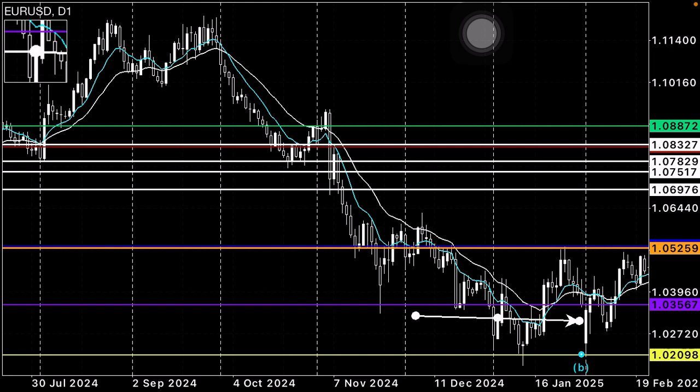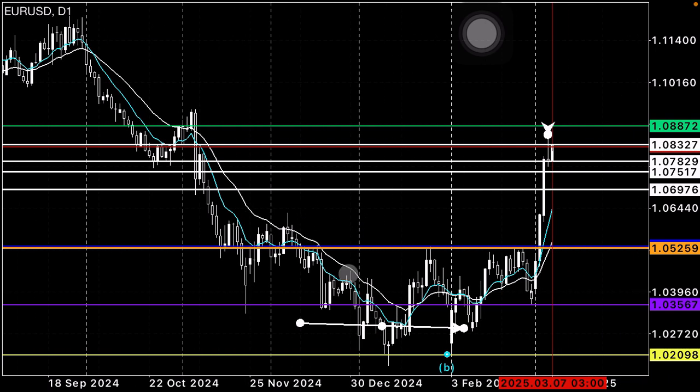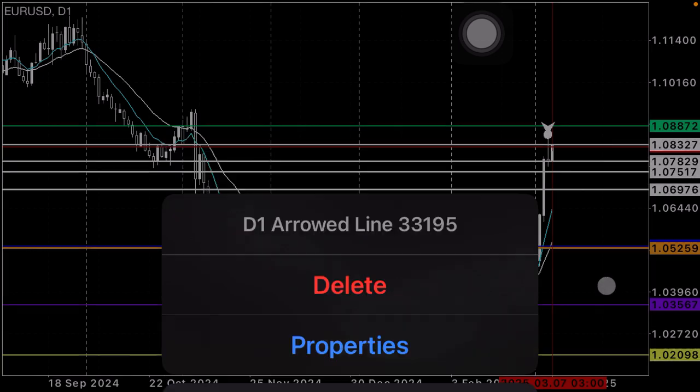And the market opened up Sunday and it gapped up, and then it came down and filled the gap right here. And then the market just took off.